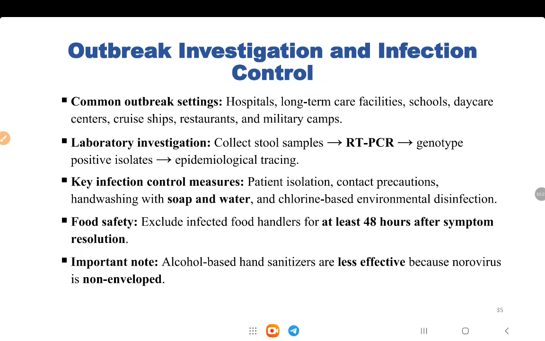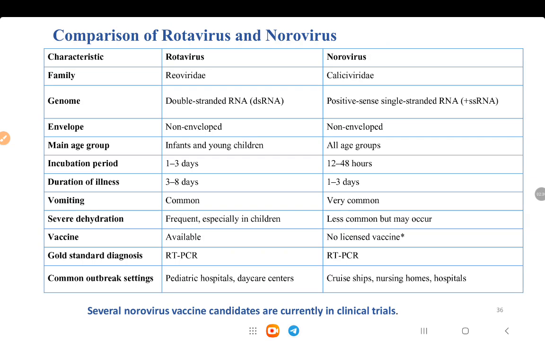It is important to note that alcohol-based hand sanitizers are less effective, because norovirus is non-enveloped and can resist different types of disinfectants.